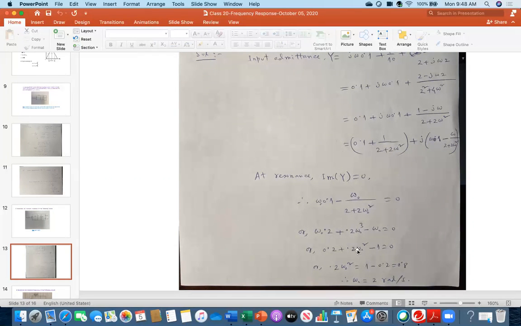And then in the next line I am putting this 0.2 omega naught square, and on the right side I am transferring this, because these are real numbers. So 0.8 divided by 0.2, omega naught squared is 4, so omega naught is root 2 radian per second.